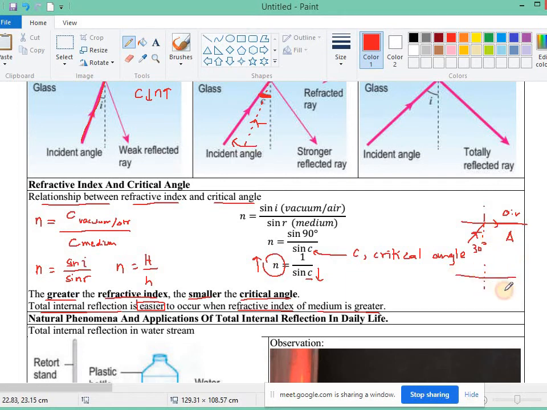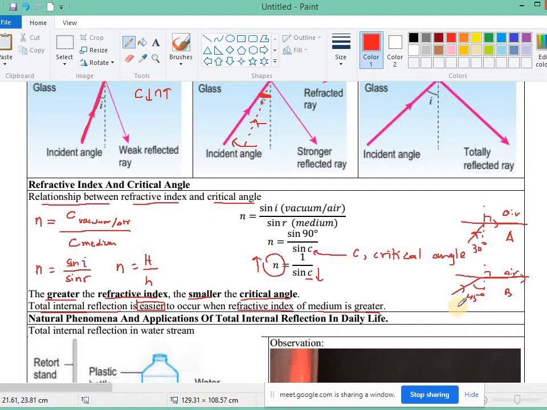And another medium B, this one is air. 45 degrees, for example, then you get 90 degrees. The light comes out here. Okay, the critical angle for medium B is 45 degrees.